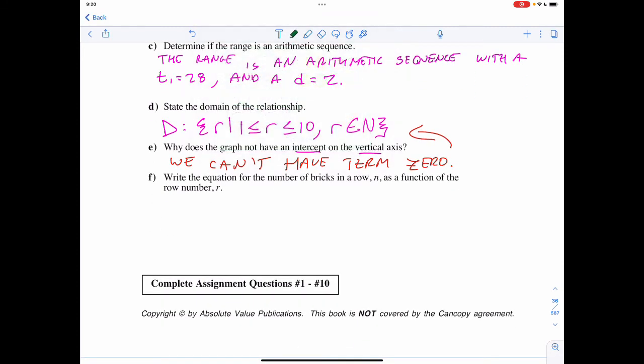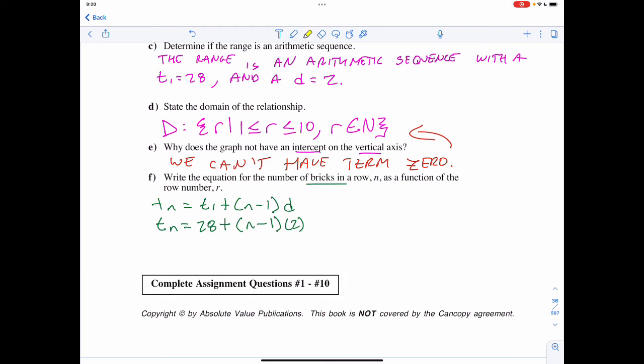Last but not least, if we create an equation for the number of bricks in the row, then we're going to say that if Tn is equal to term 1 plus n minus 1 times d, then Tn is going to equal 28 plus n minus 1 times 2.